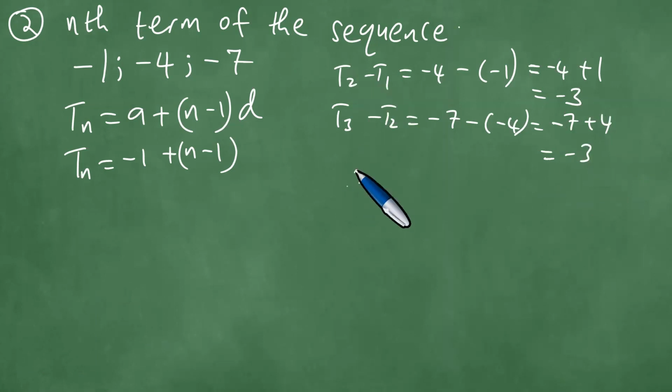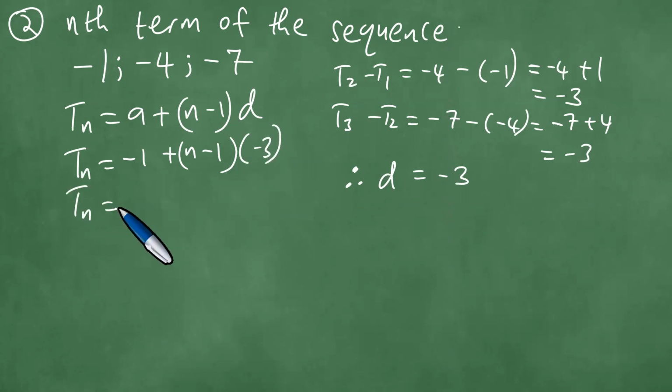Because T2 minus T1 is -3 and T3 minus T2 is also -3, the common difference is -3. So in this formula, we put -3. Opening up the brackets, we have -3 times n is -3n, and -3 times -1 is 3.